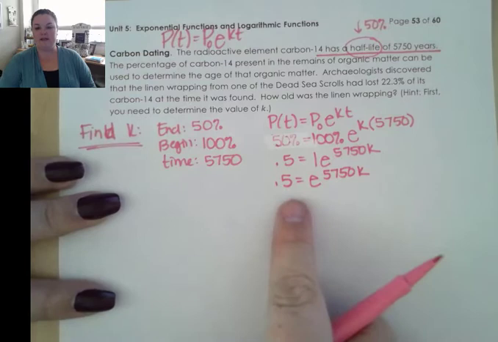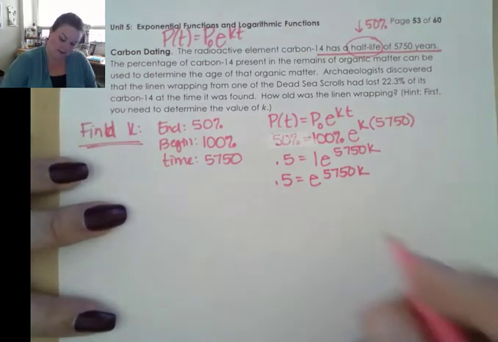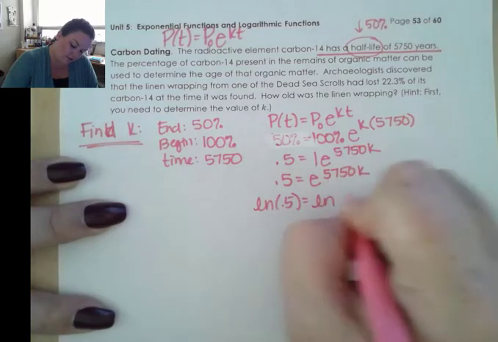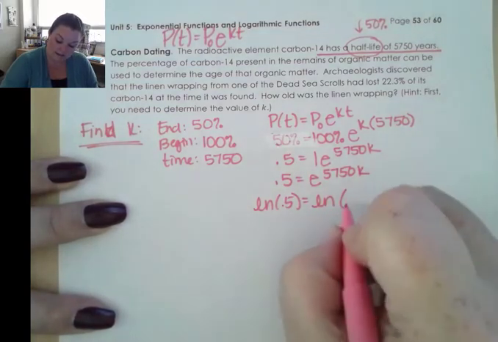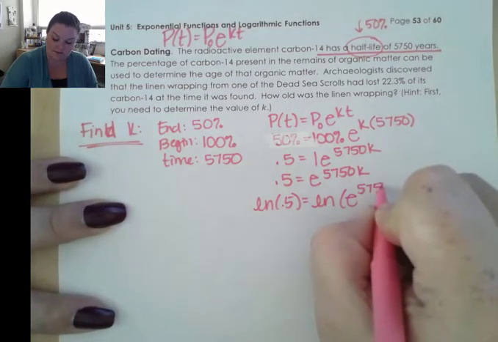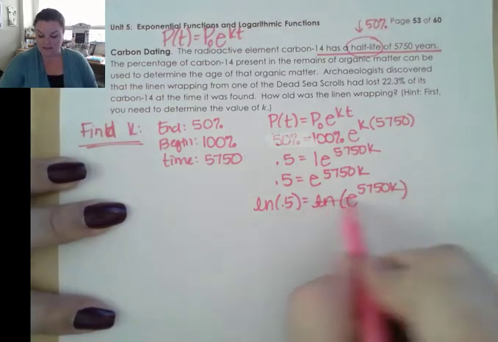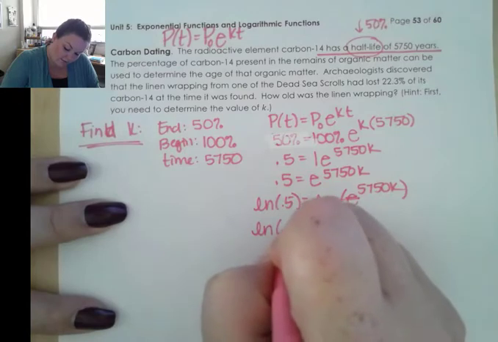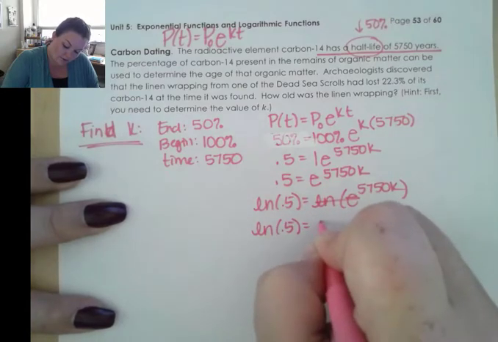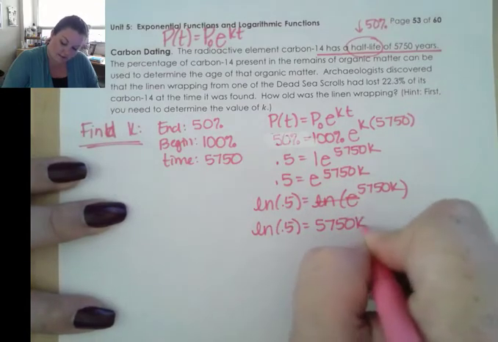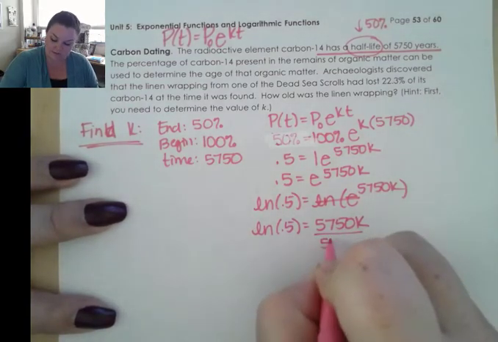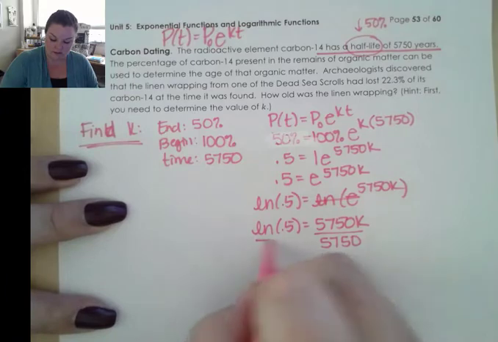And now we can go ahead and take the ln of both sides to get rid of that e. So ln of 0.5 is equal to ln of e to the 5750k. ln and e are going to cancel. So I'm left with ln of 0.5 is equal to 5750k. And then to get k by itself, we just divide off the 5750.